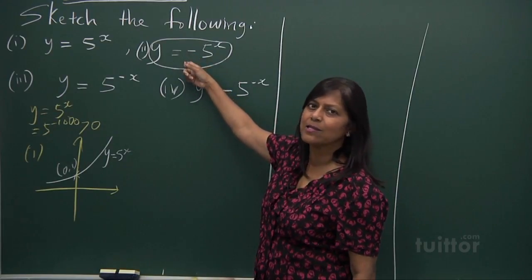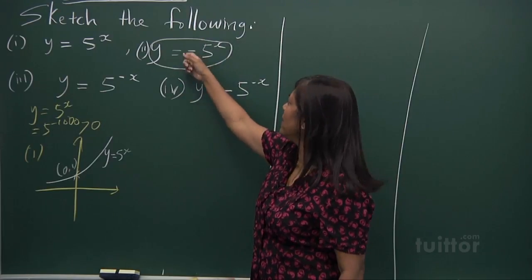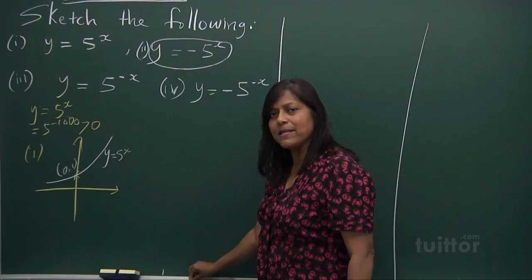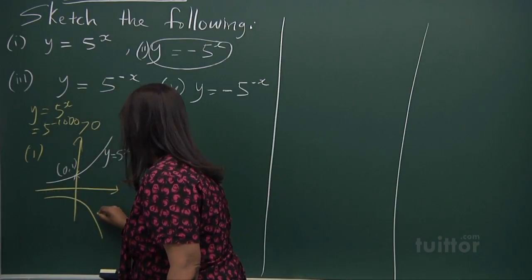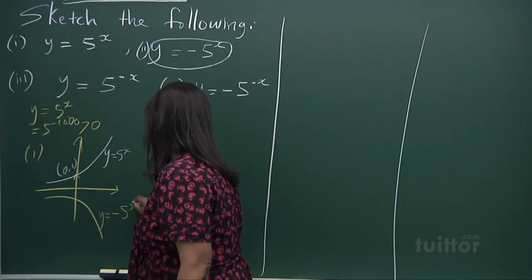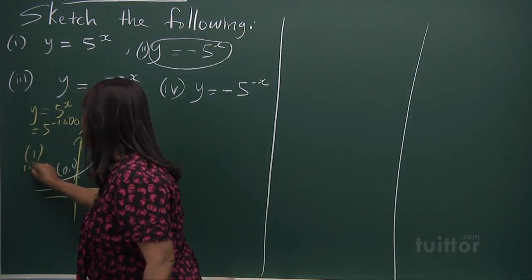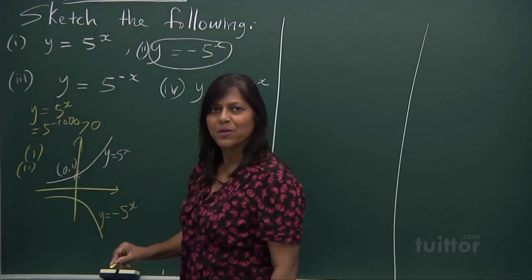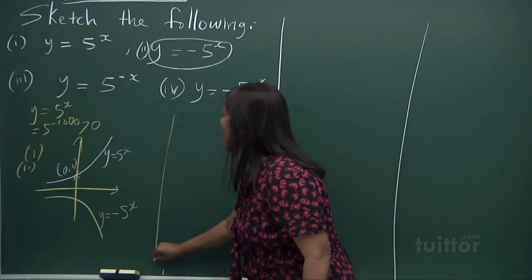The y is all negative, because a positive and a negative makes it a negative. So this second graph is y equals minus 5 to the power of x. Alright, so I should include part 1 and part 2 here. You got it? Now let's look at the next one.